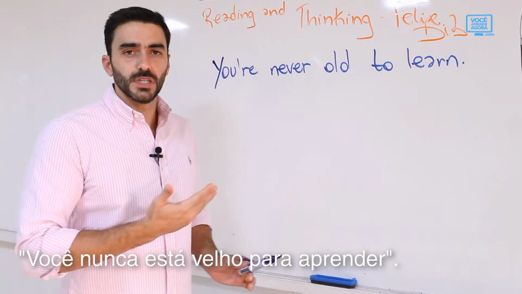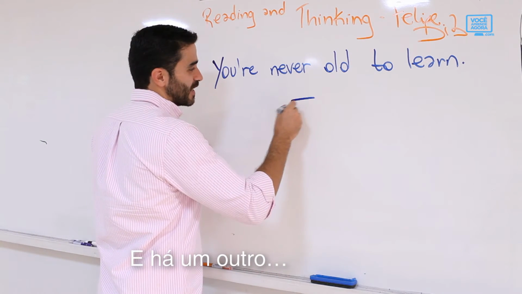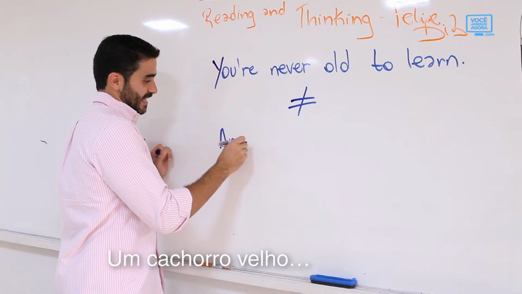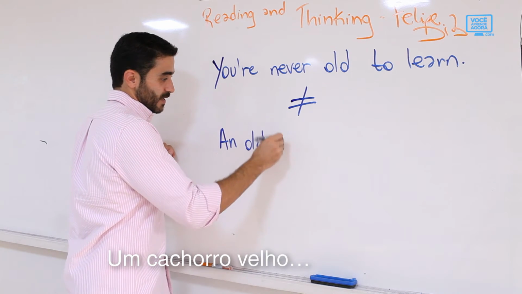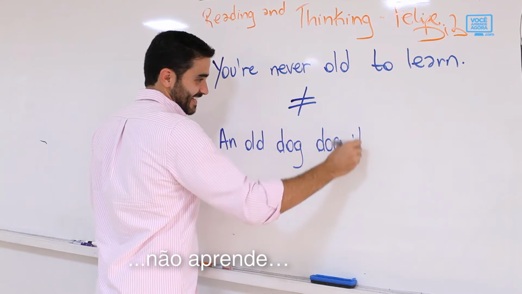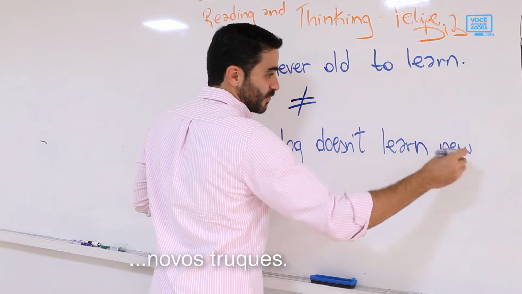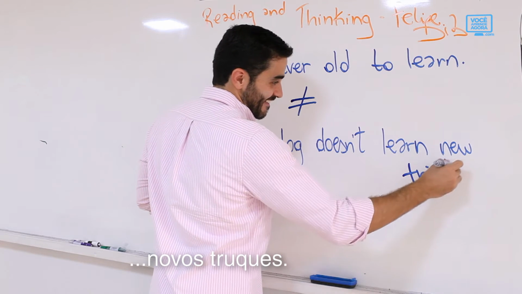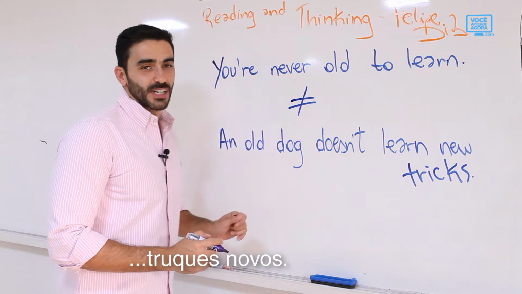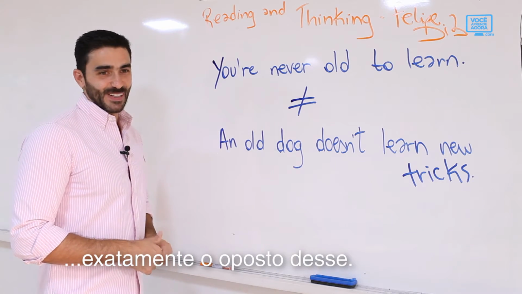You are never too old to learn. And there is another one different from this one, which is an old dog doesn't learn new tricks. An old dog doesn't learn new tricks. This proverb means exactly the opposite of this one.